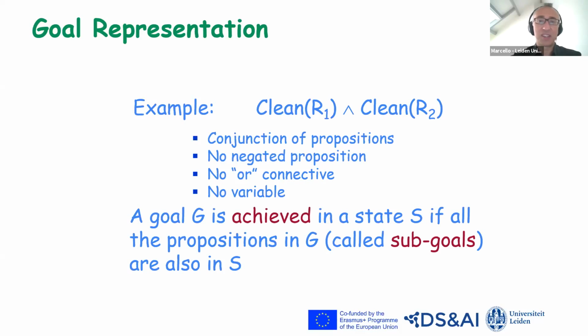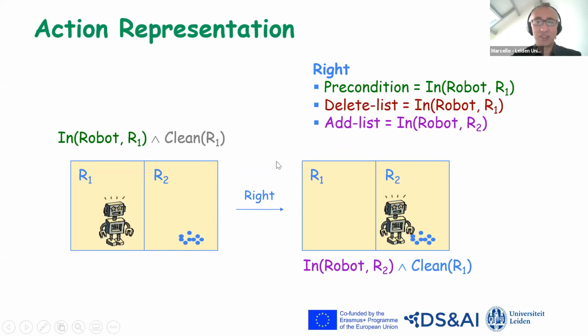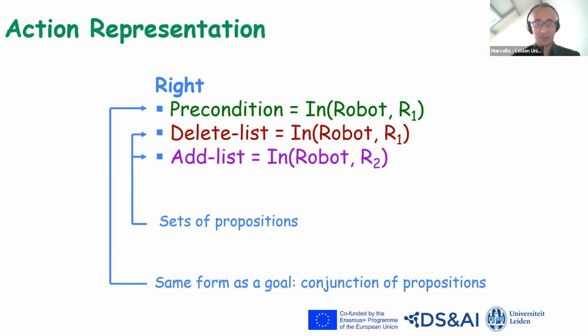And it's important here that there is always no "not" or "or", but it's something which can be easily implemented by the students, this kind of thing. And then they have to describe the action, how to do that. You want to clean all the rooms, so you want to go from this situation to this other situation. So this is similar to situation calculus, basically.